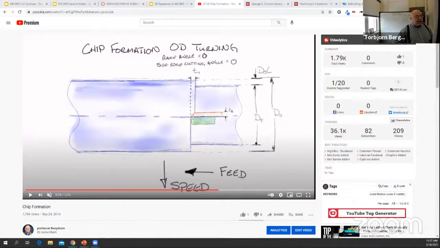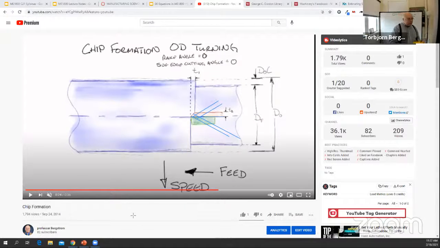So if we were to tip the tool like this, then the chip would flow along the tool edge again, right? So the chip is still going to flow along that tool edge. That angle, whether we tip it down like I showed here, or we tip it up like this, that angle is called the rake angle.